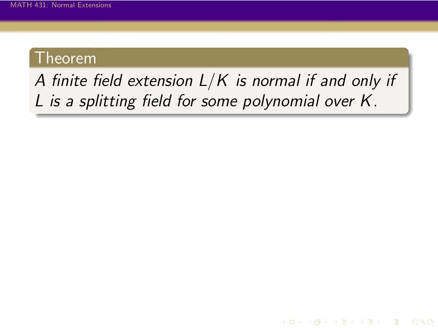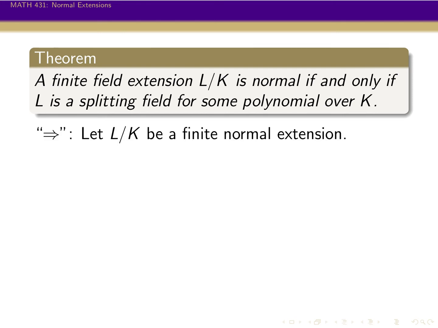It says that normal extensions are splitting fields, and splitting fields are normal extensions. And so a finite field extension L over K is going to be normal if and only if L is a splitting field for some polynomial over K. Right? And so remember we talked about earlier about normal polynomials being like splitting fields on steroids, and essentially what this theorem is saying is that any splitting field is a splitting field on steroids.